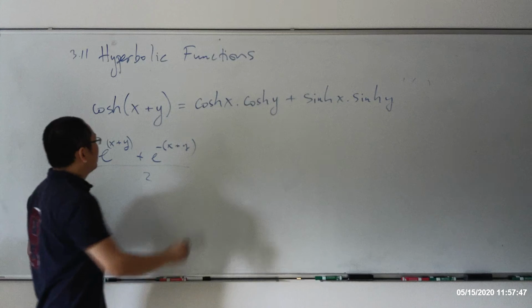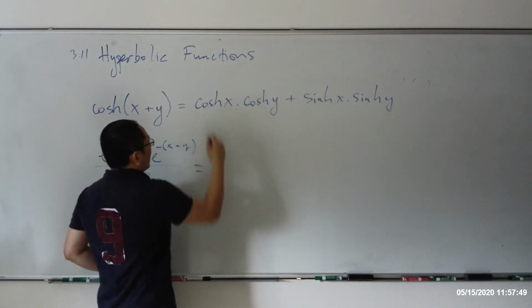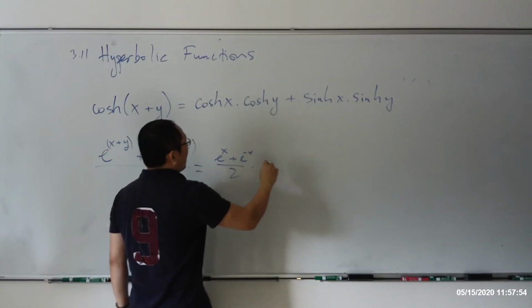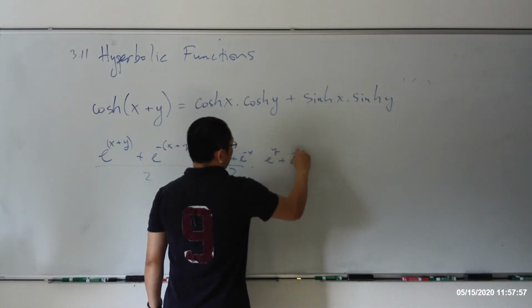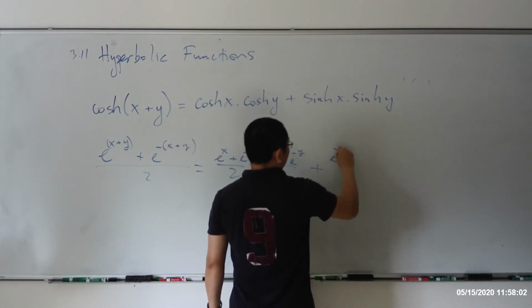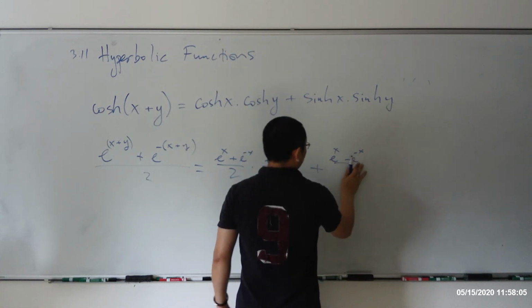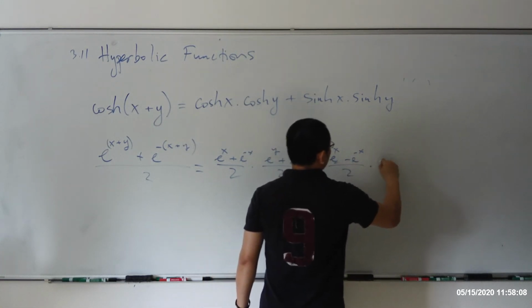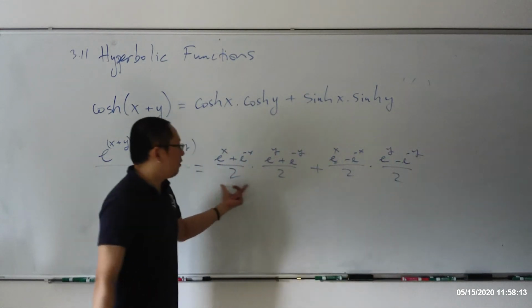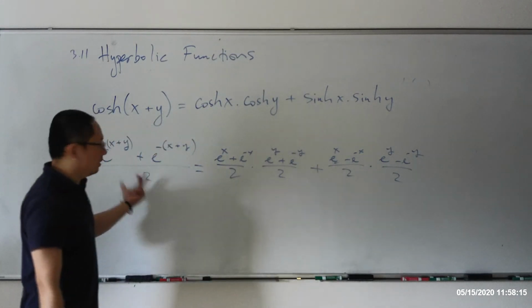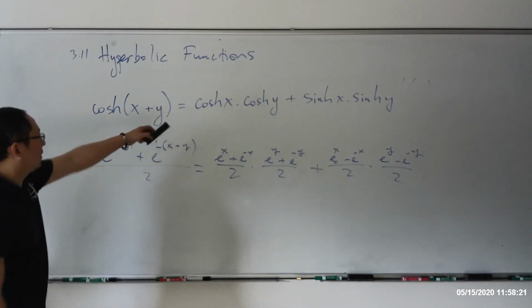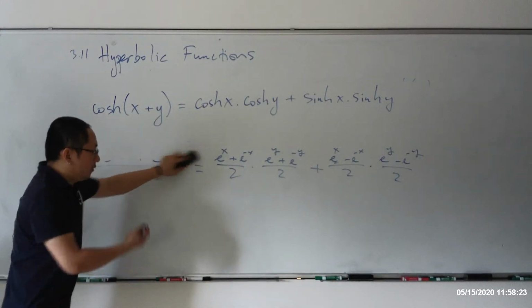You try to prove that this left hand side is equal to this: cosine of x is e to the x plus e to the negative x over 2, times e to the y plus e to the negative y over 2, plus sine of x is e to the x minus e to the negative x over 2, times e to the y minus e to the negative y over 2. You multiply them all out, combine the terms, simplify the right hand side, and you are going to get the left hand side. This is a very good exercise for you. Anyway, this is a formula, and I'll give you the hint to prove it right here.